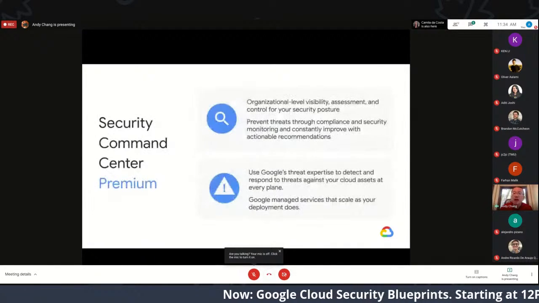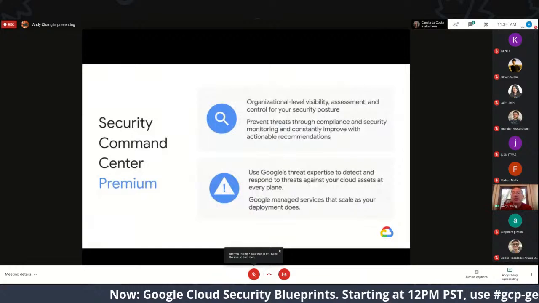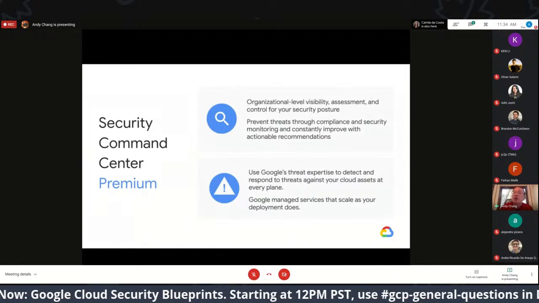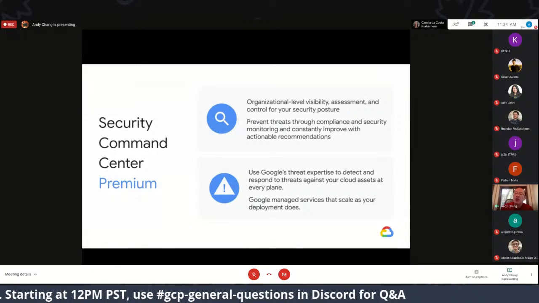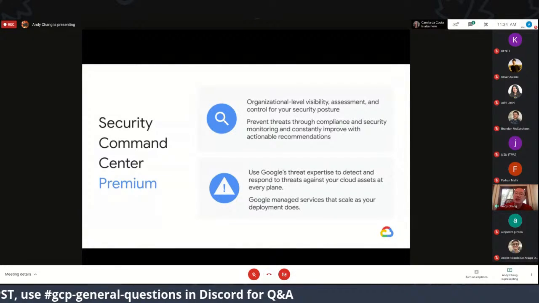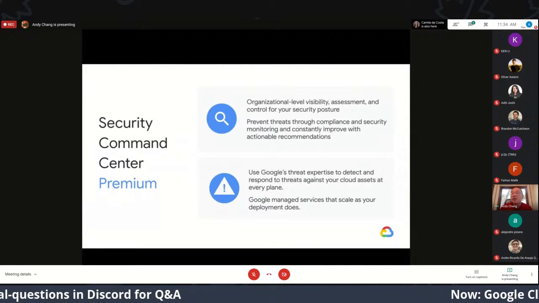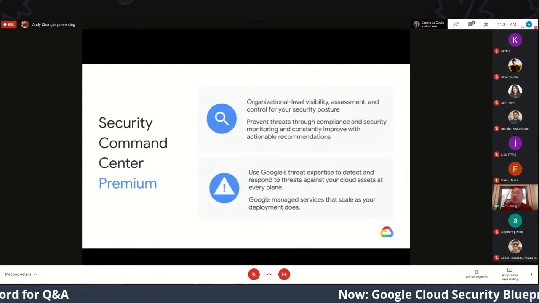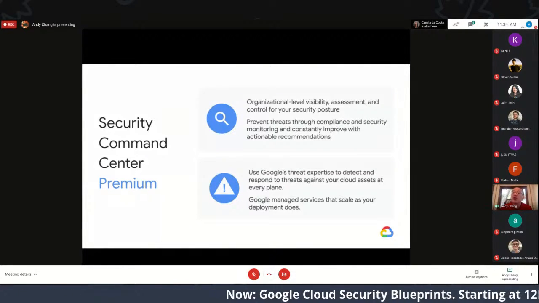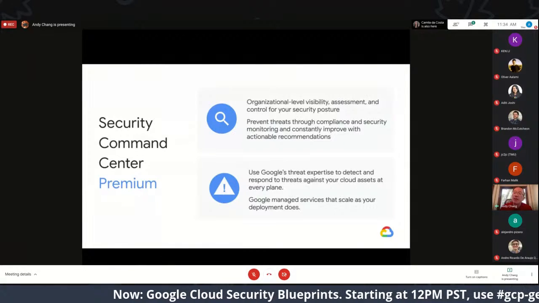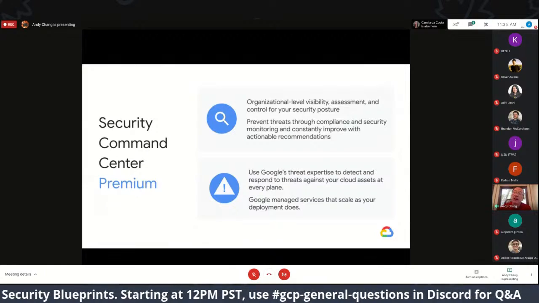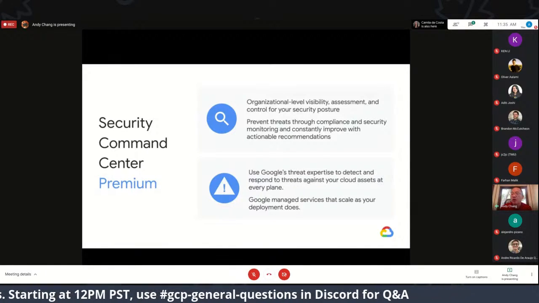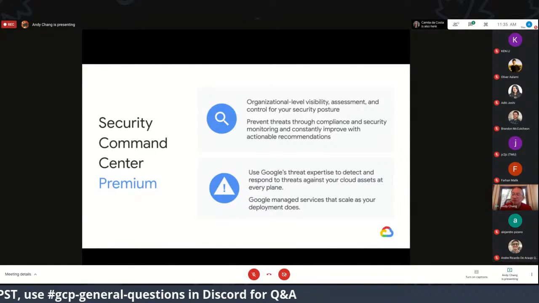So as we think about what Security Command Center and Security Command Center Premium are, Security Command Center really gives you, as we said, organization-level visibility and assessment of your security posture, prevention of threats through compliance checks, security monitoring, continuous and near real time, and the ability to now give you guidance about what you want to do once you find an issue, whether it's a vulnerability issue or a threat issue.